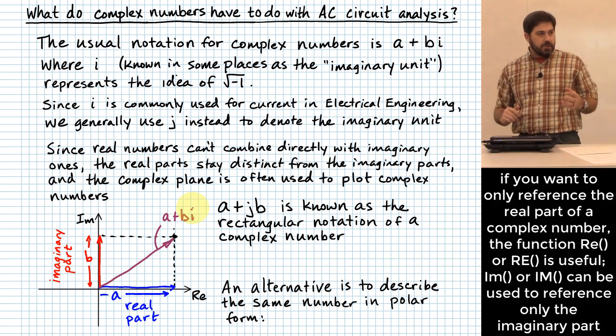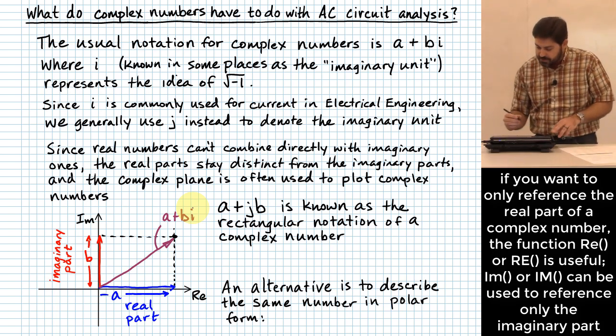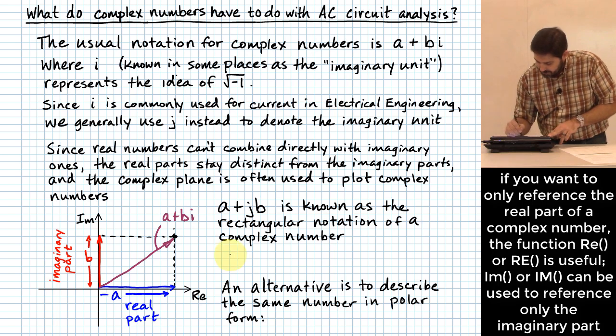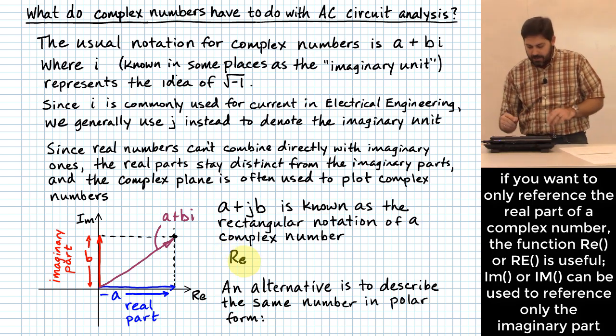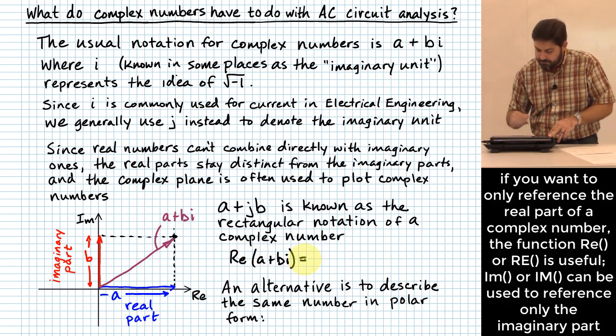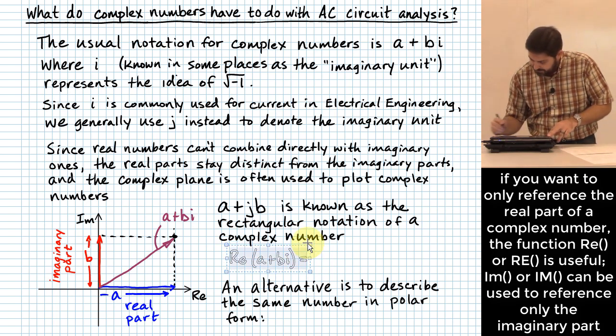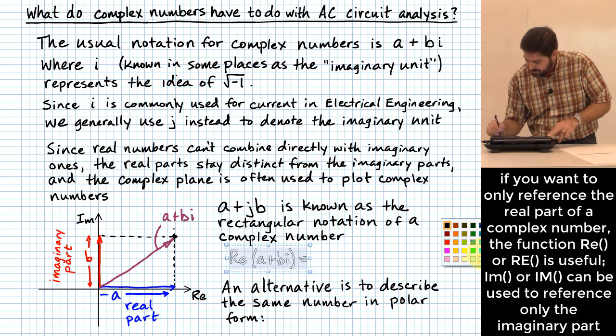This is a good place to mention that there are a couple of handy functions that we use sometimes. One of them is simply RE, or sometimes capital R E like this, of a plus bi. What do you think comes out of that function? These are just some simple basics.